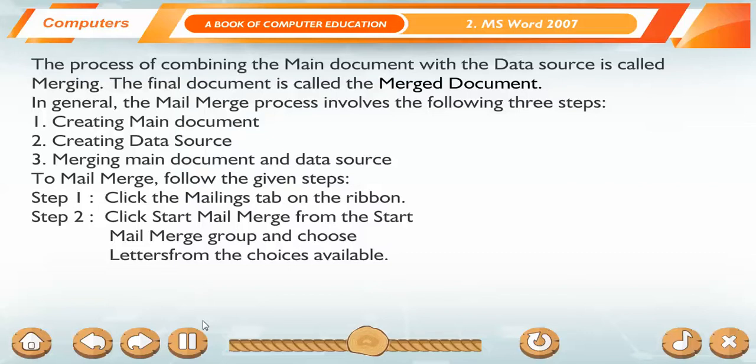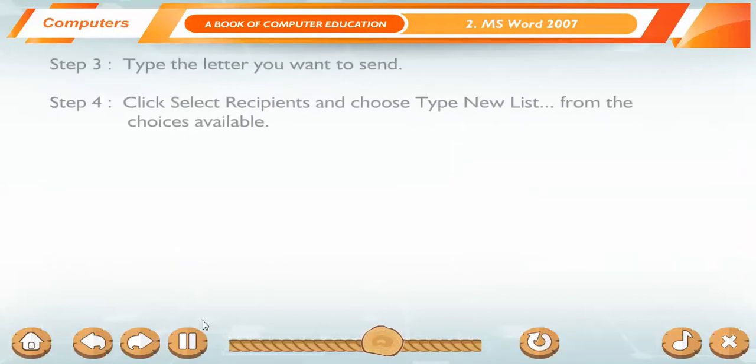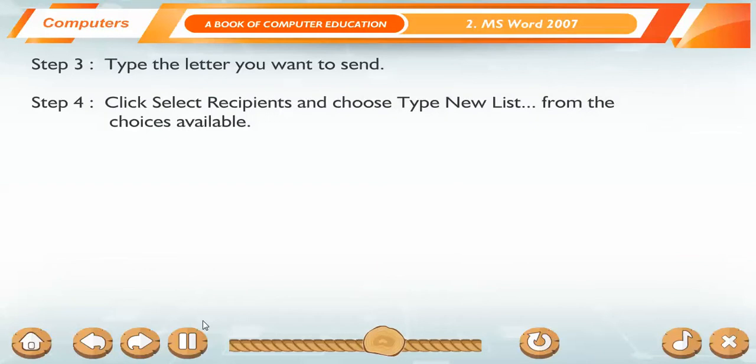To mail merge, follow the given steps. Step 1. Click the Mailings tab on the ribbon. Step 2. Click Start Mail Merge from the Start Mail Merge group and choose Letters from the choices available. Step 3. Type the letter you want to send.